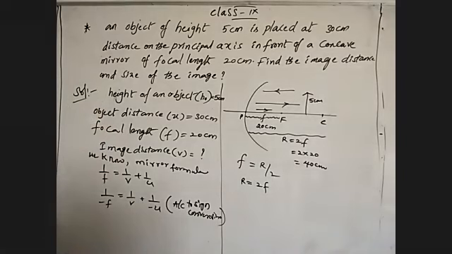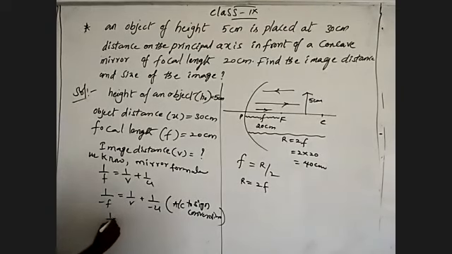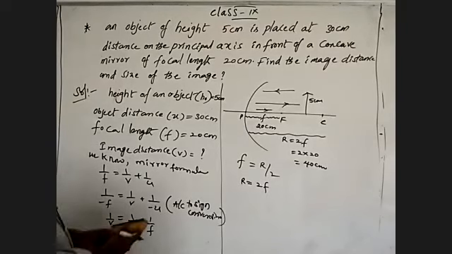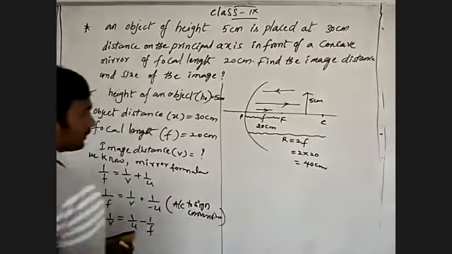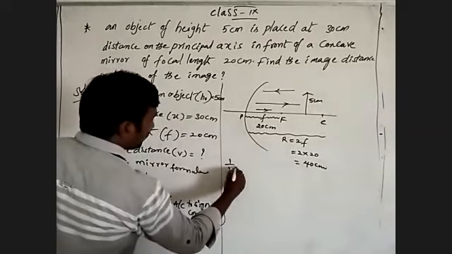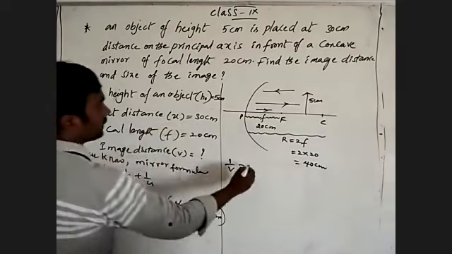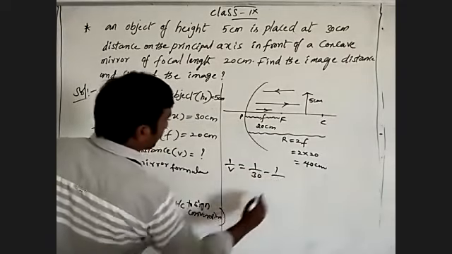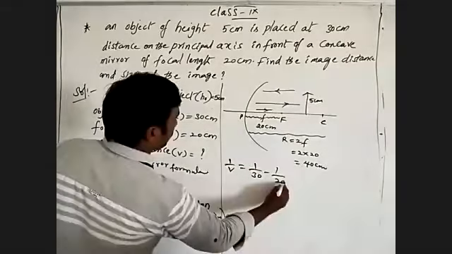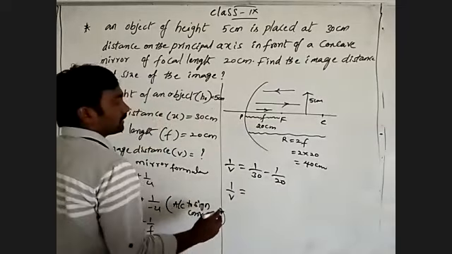Then substitute the values. What can we write from that? By transferring this side, 1 by V is equal to 1 by U minus 1 by F. So 1 by V is equal to 1 by 30 minus 1 by 20. Now the LCM of 30 and 20.